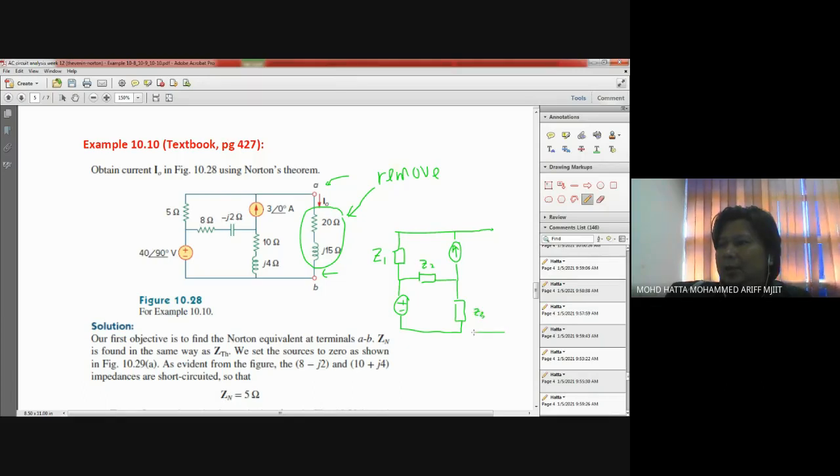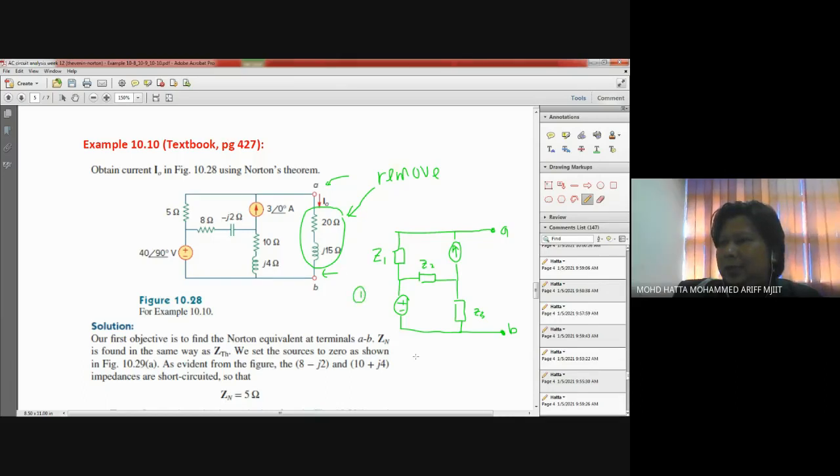We should connect these two together, and this is our open terminal A and B. This is what you need to do first: remove the elements across the said terminal. So after you remove it, this is the first step.